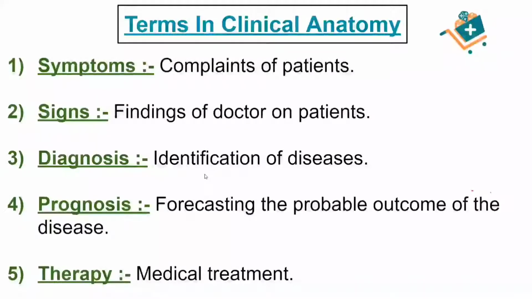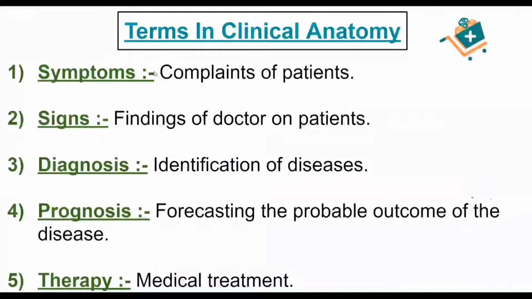So what were the symptoms of the patient? The patient cannot eat properly, she's having pain in the stomach, and she's having vomiting. So these are the symptoms of the patient. And when the doctor finds some things, those are called the signs. Say, for example, when I have given these symptoms to the doctor and the doctor has checked me up, he has found, for example, some kind of food poisoning.